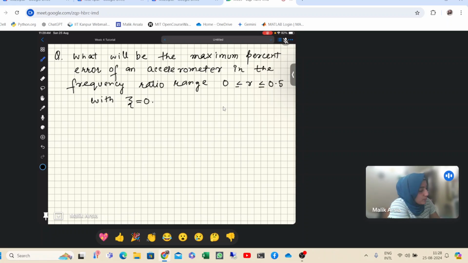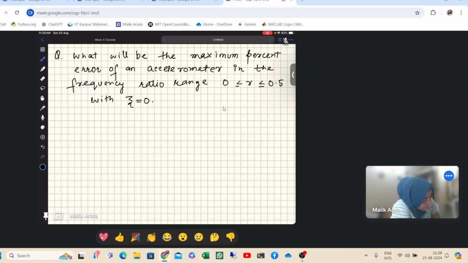Okay, so basically the error function here. Okay, so basically this is called error factor. So it is equal to r square upon under root of 1 minus r square whole square plus 2 zeta r whole square.